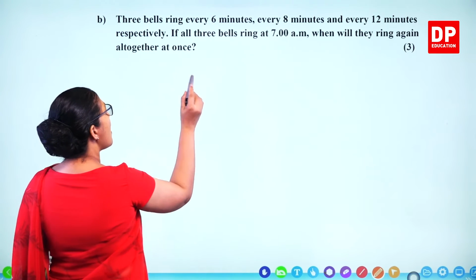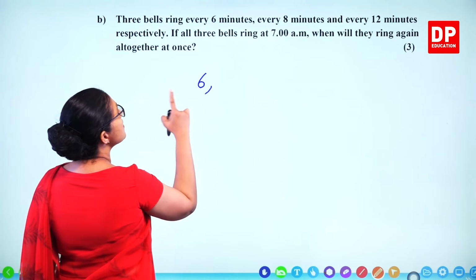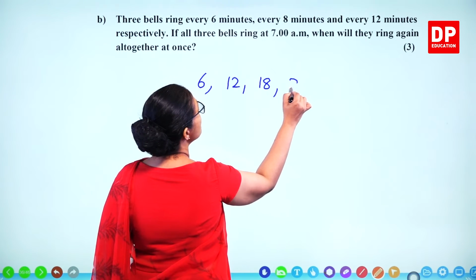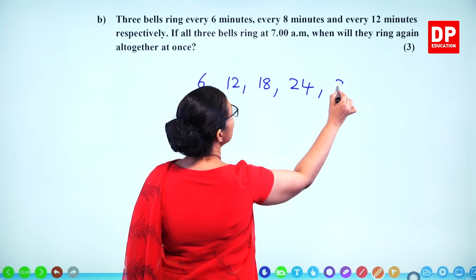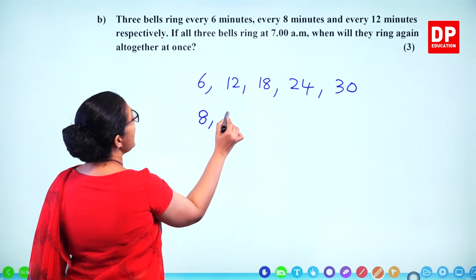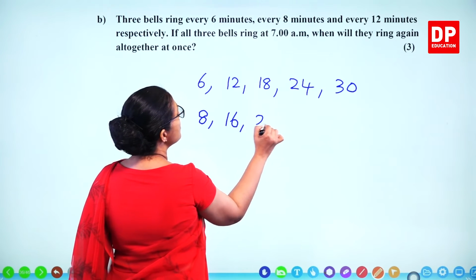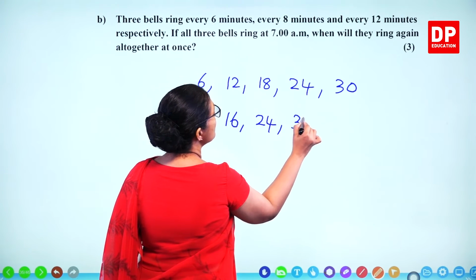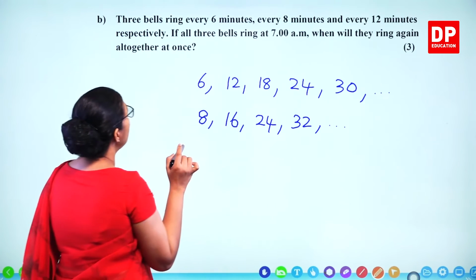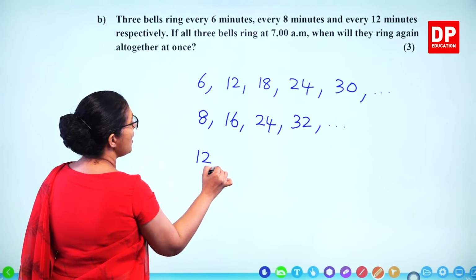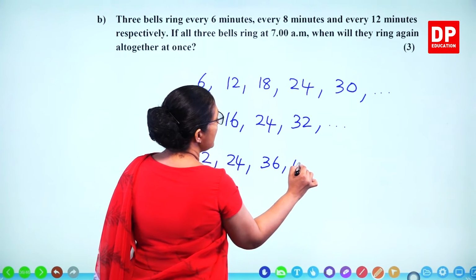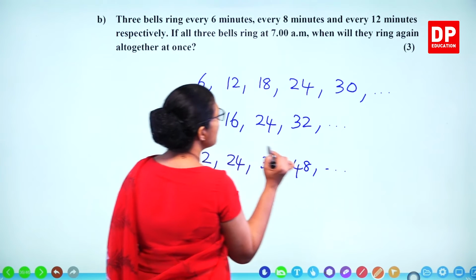So you can either do multiples of 6: 6, 12, 18, 24, 30 like that, then multiples of 8: 8, 16, 24, 32 like that. And every 12 minutes: 12, 24, 36, 48 like that. So what is the common one?